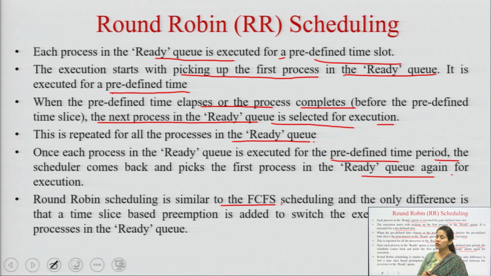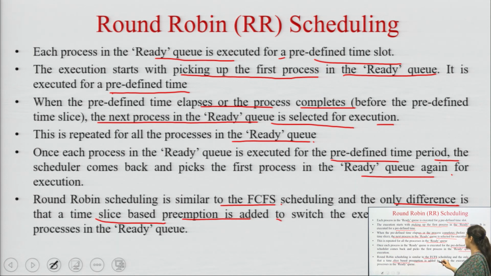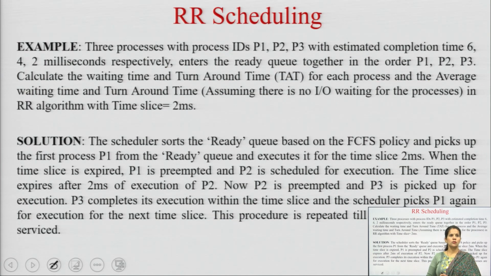So, this is the difference between both mechanisms. As quoted here, the only difference is that a time slice based preemption is added to switch the execution between the processes in the ready queue. So, this was all about the round robin scheduling.